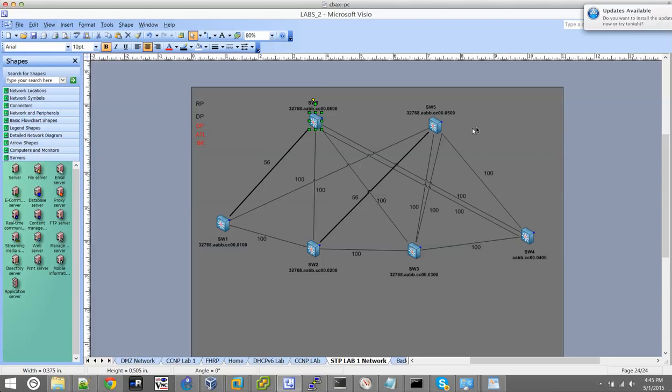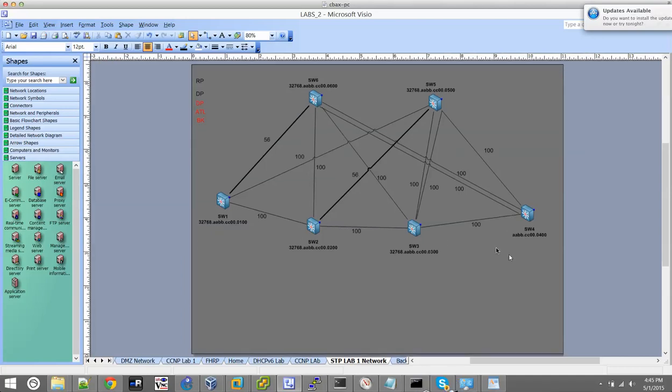Essentially, from what I designed, this is your distribution network, and these are your access switches. If you leave it as is, the switch with the lowest bridge ID is going to become the root bridge for the segment.